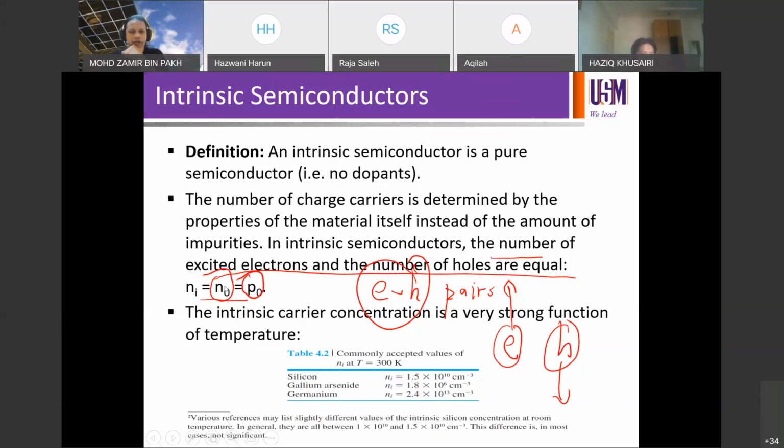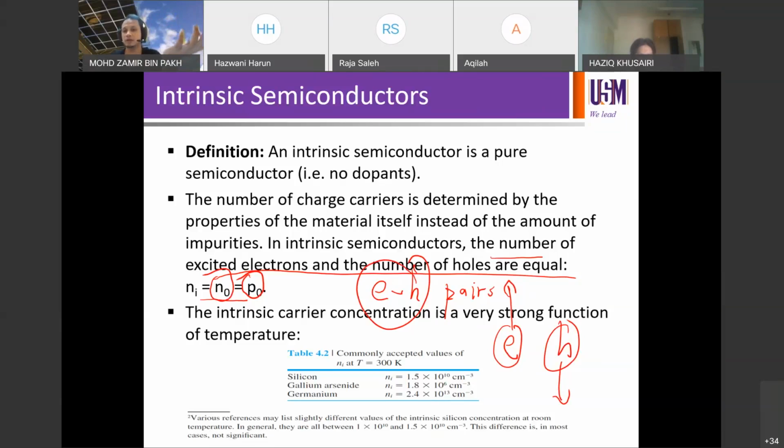All right, so intrinsic carrier concentration is a very strong function of temperature. Why? Because we've discussed before that the carrier concentration is determined by thermal excitation. We also discussed in your example number 2 just now, when you increase your temperature from 300K to like 600K or 950K, you have seen that your f(E) is higher.